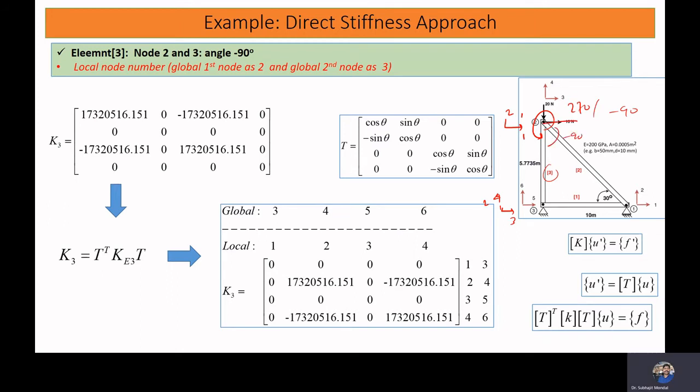Now again we can obtain our local stiffness, and we can also obtain the T matrix, and then we can apply T transpose kt, and we can obtain the stiffness matrix for the third element in the global coordinate system.